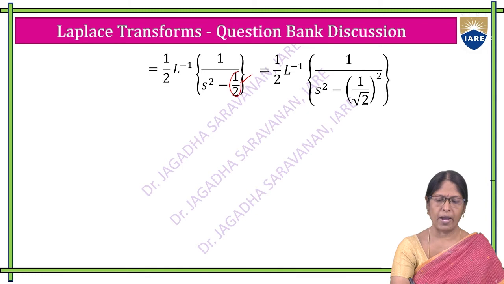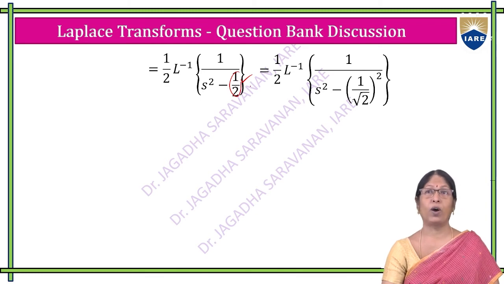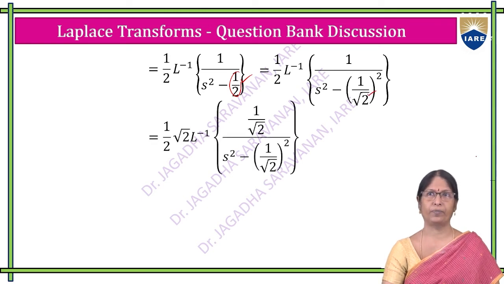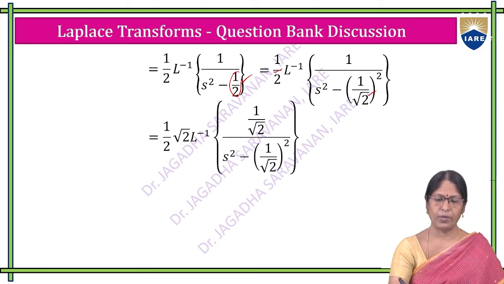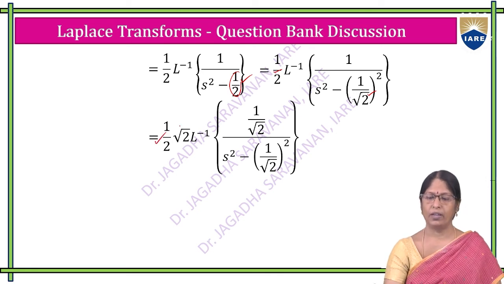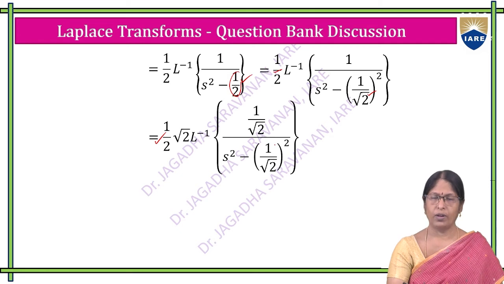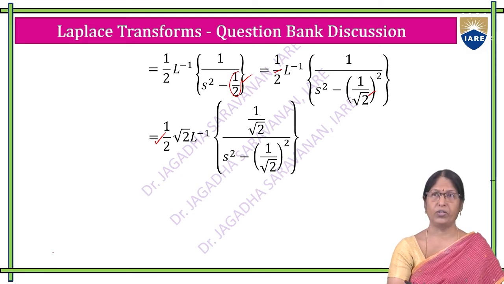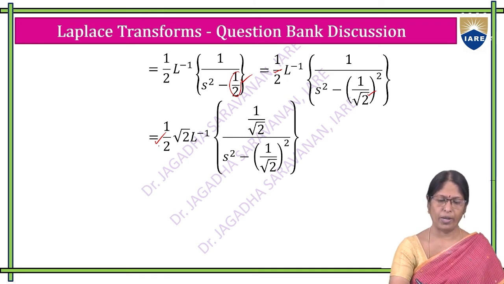s square minus a square, where 1 by 2 is in the place of a square, so 1 by root 2 the whole square. This can be written as it is. Here we are not doing the LCM. We get 1 by 2 L inverse of 1 by 2.